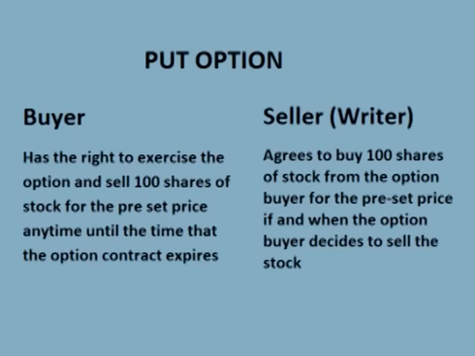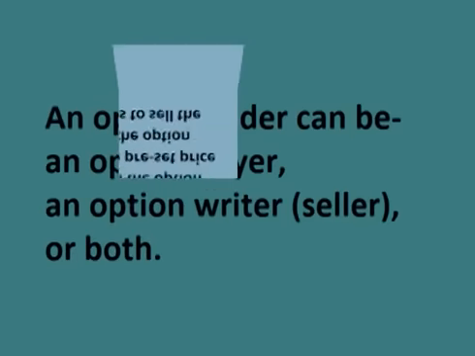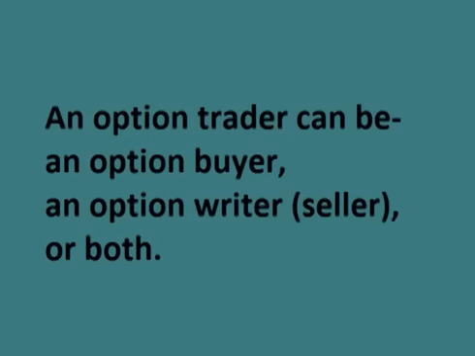The buyer of the option has the choice of whether or not he wants to sell the stock to the option writer. As an option trader, one can choose to be a contract buyer. In other words, they can buy an option, or they can be a contract writer. In other words, they can sell an option. Both have advantages and both have disadvantages.